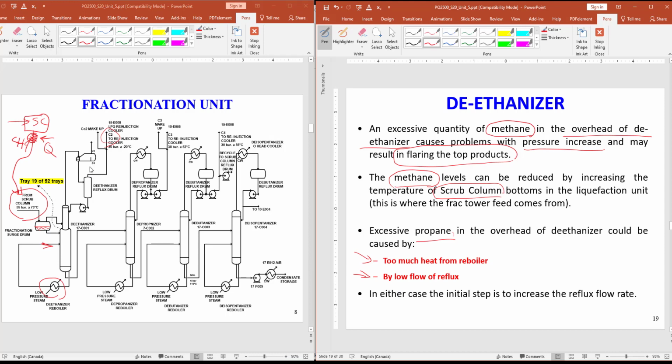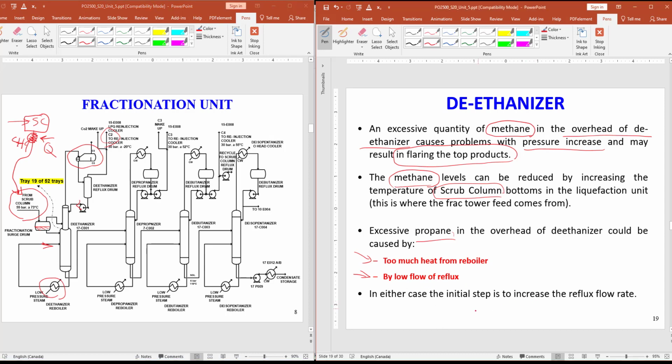Here in the condenser, I don't have a lot of liquid reflux. I don't condense the vapor too much here. Since I don't condense a lot, I don't send the heavier molecules like propane to the liquid phase, and that's why the heavier molecules like propane are still in the vapor. So it can be created by these two issues.